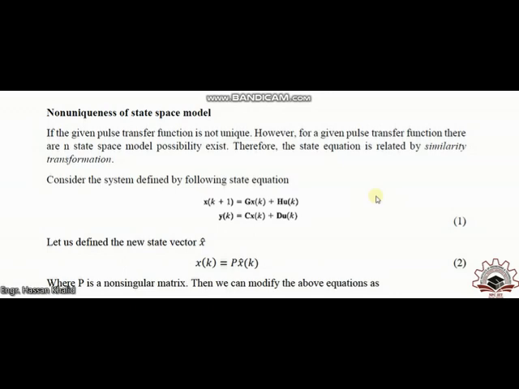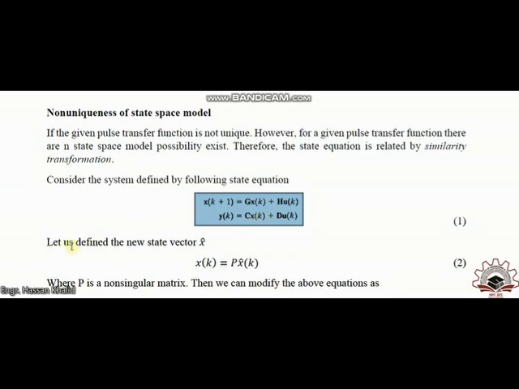Now consider the system defined by the following state space model, where x(k+1) equals G x(k) plus H u(k), and the output of this model is represented by y(k) equals C x(k) plus D u(k).